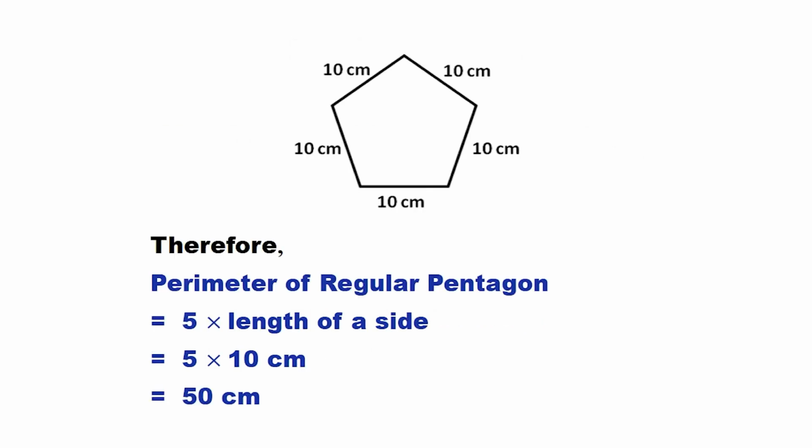Therefore, perimeter of regular pentagon is equal to 5 multiplied by length of a side. In this figure, the measure of each side of a regular pentagon is 10 cm. Therefore, perimeter of regular pentagon is equal to 5 multiplied by length of a side, which is equal to 5 multiplied by 10 cm, which gives 50 cm.